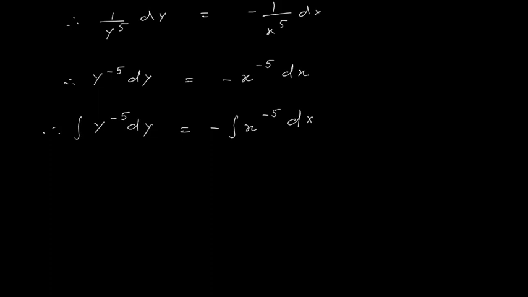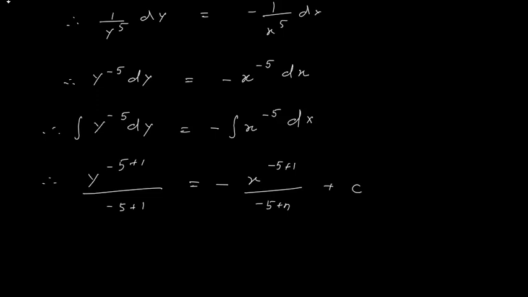Therefore integration of y power minus 5 is y power minus 5 plus 1 whole divided by minus 5 plus 1. So we are using the formula of integration of x power n, which is x power n plus 1 divided by n plus 1 plus obviously constant of integration.